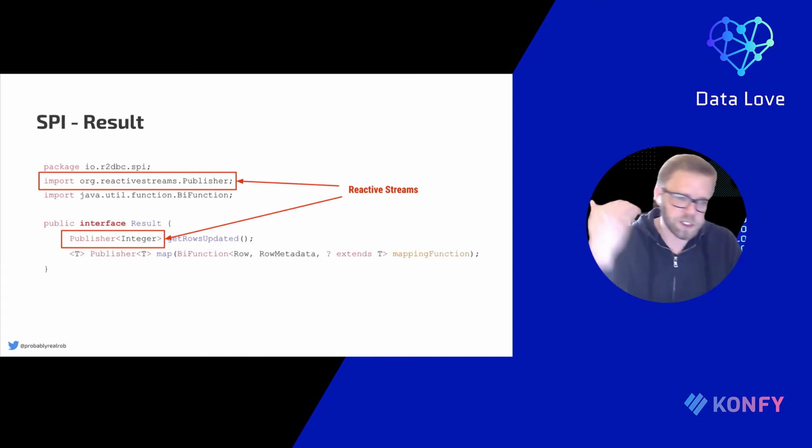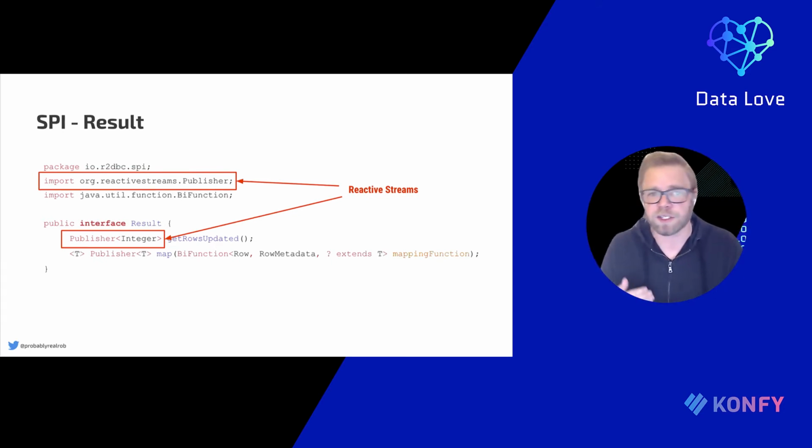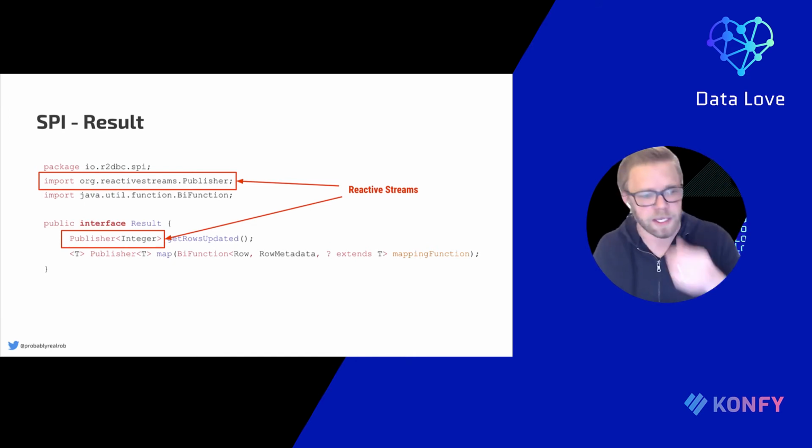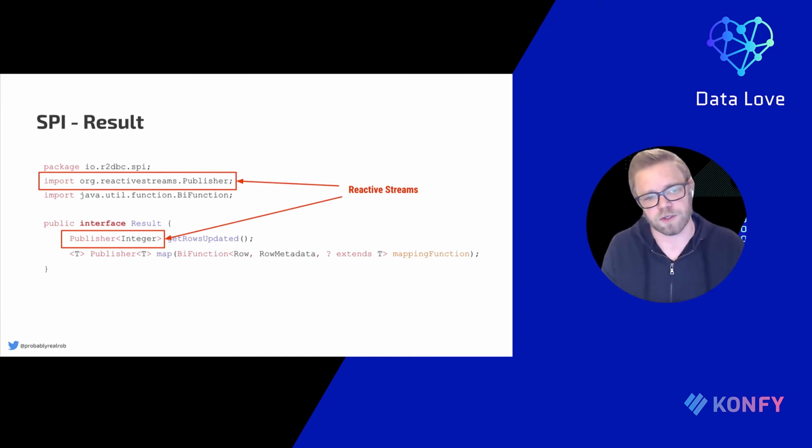And of course, as you execute your statement, you may get a list of results or a single result back. And the theme really here is the same. As you get into the results, you can think of a result as a row of data coming back.